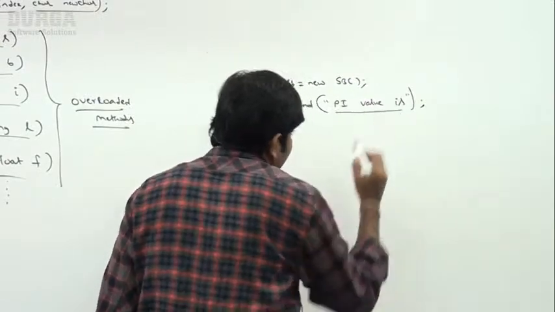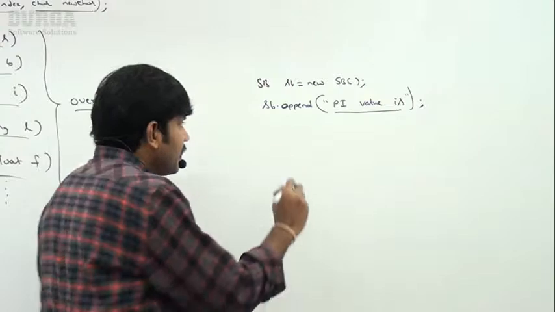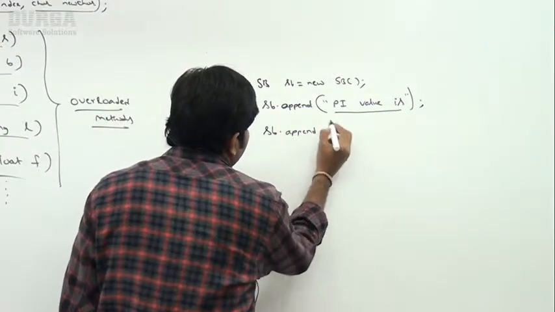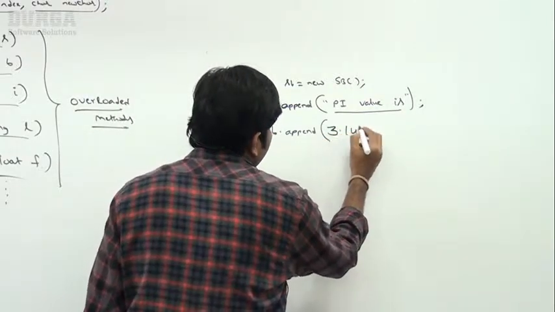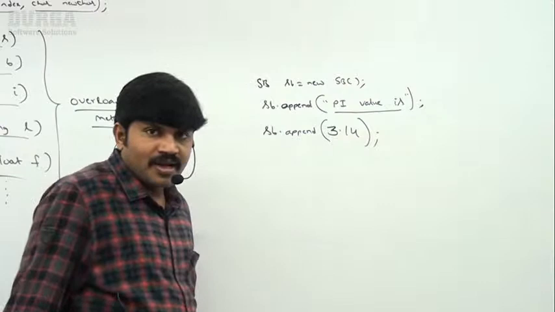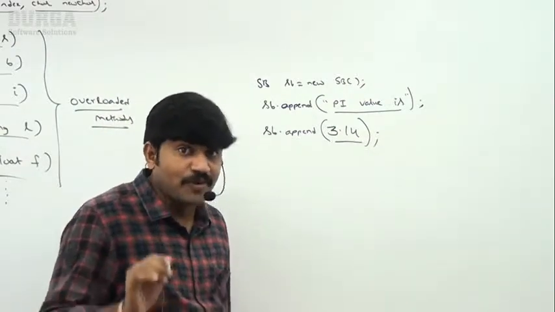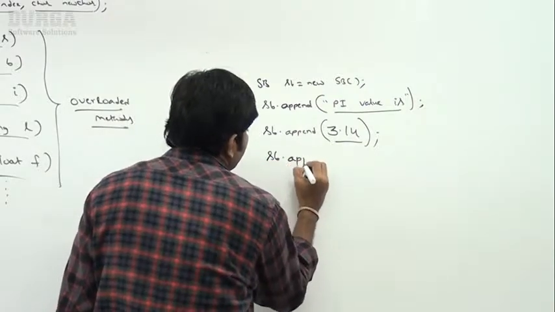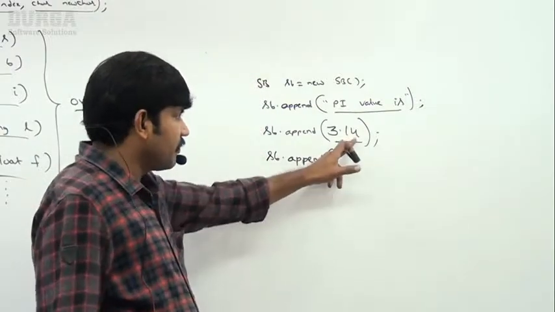What argument am I passing? String argument. So the append method allows a string argument. Next, SB.append of 3.14. Now which argument am I passing? Double argument. 3.14 is what type? Double type, right?